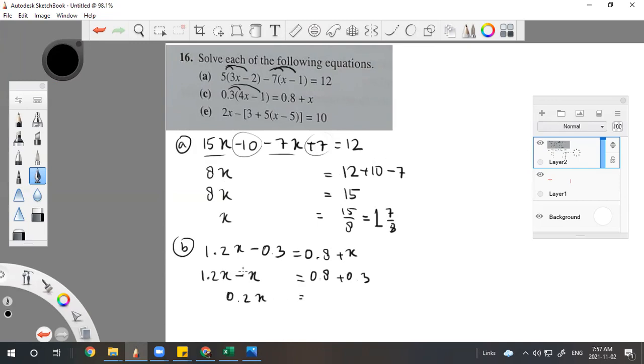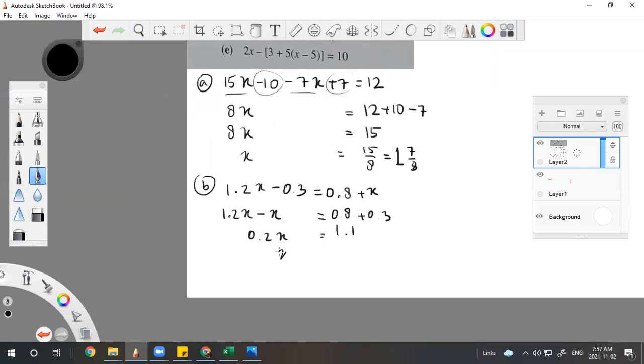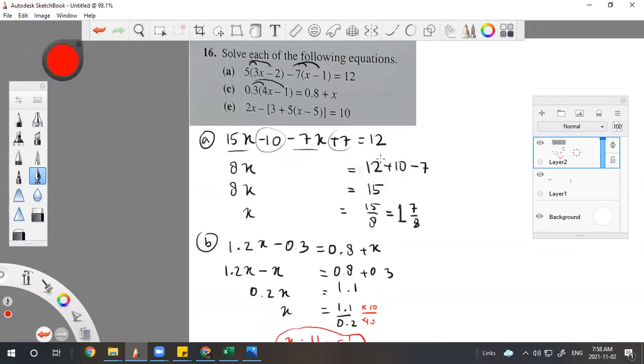Because 1.2 minus 1, if you don't have any number, it is 1. And then 1.1. So how do you solve this? x equals 1.1. Don't think of the decimals yet, later on. You can simplify by multiplying by 10 over 10, right? So x would be 11 over 2, and 5 and 1 over 2, right? We change into the mixed fraction. Not B, that's C. Okay, this is C.